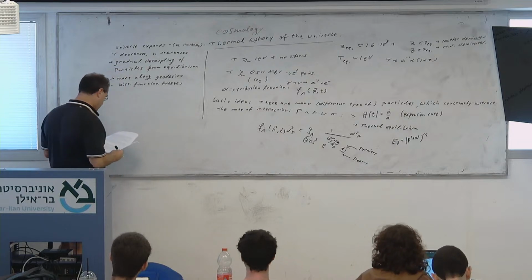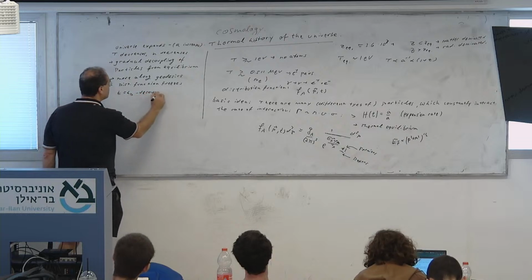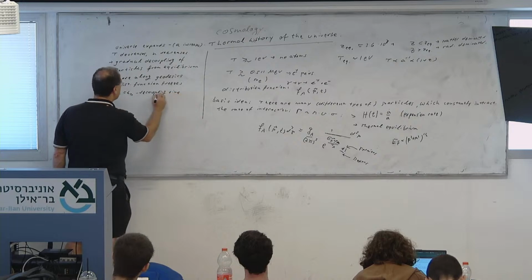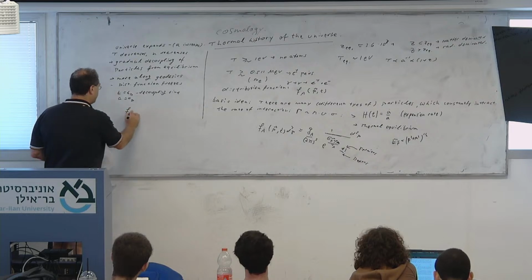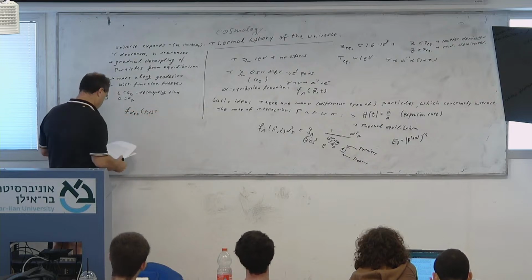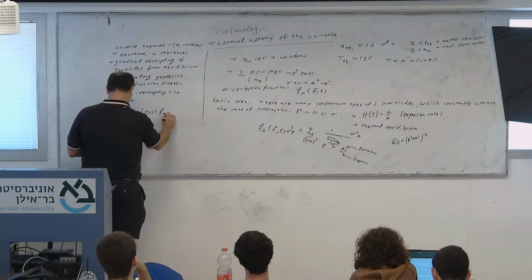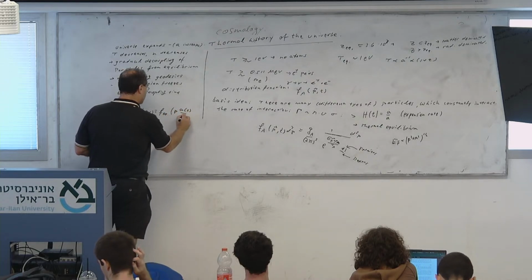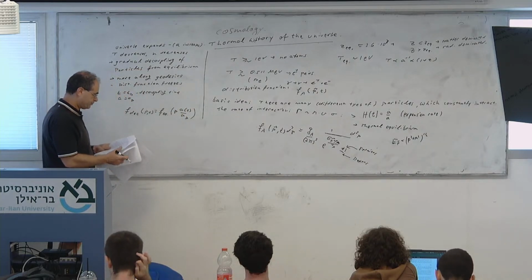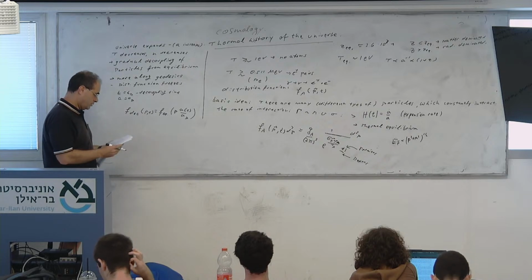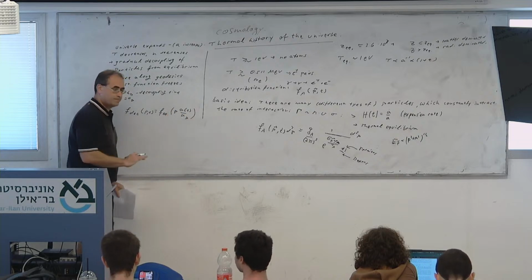So if you call the decoupling time t equal t_d, and a equal a_d is the decoupling a, then we get that f decoupled of p and t is equal to f of p times a of t divided by a. This simply states that the momentum goes down as a(t) divided by a.